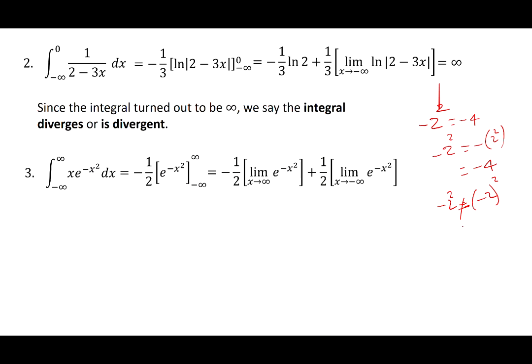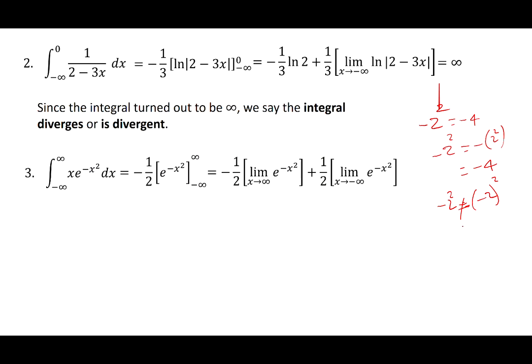Now, how about e to the negative x square as x approaches negative infinity? As x approaches negative infinity, what happens to x square itself? A large negative number is getting squared, so that's a positive number.